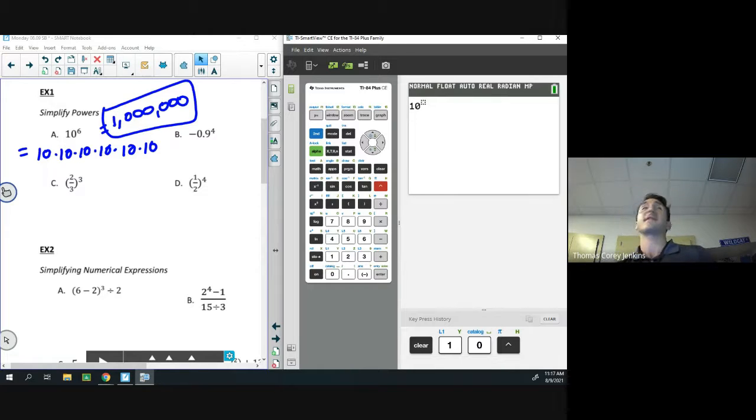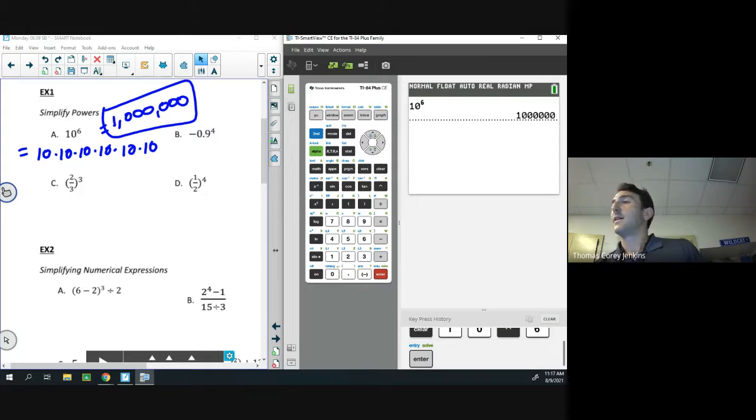So right there, you can see what turned red for me. Yours looks different. Mine goes up like an exponent. Yours just does the caret key. That's okay. Then you type 6 after that. So 10 caret key 6. And then enter. And then you see that 1 with 6 zeros behind it, also known as a million. Okay. Any questions? All right.